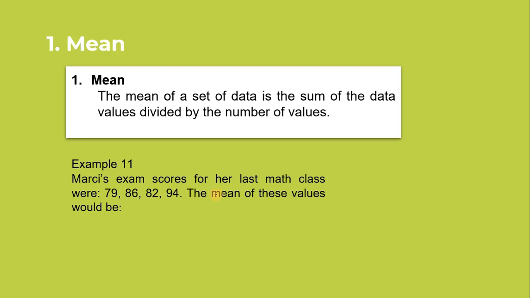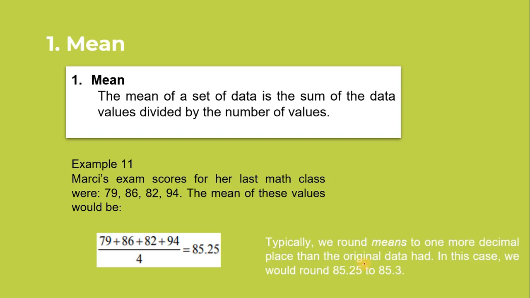For the mean value, or the arithmetic mean, you add and divide: 79 plus 86 plus 82 plus 94 divided by how many? 1, 2, 3, and 4. The answer is 85.25.